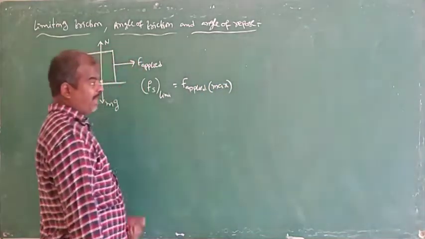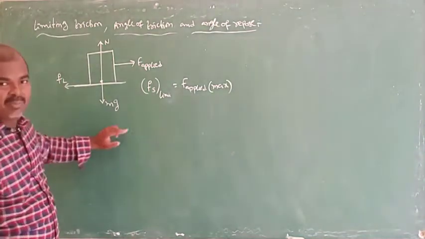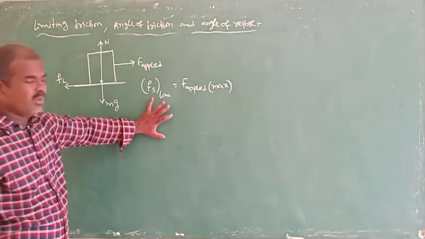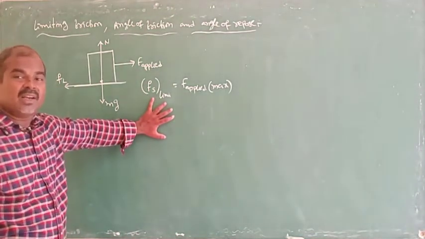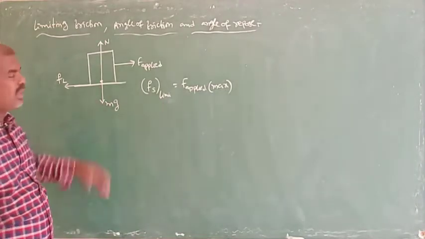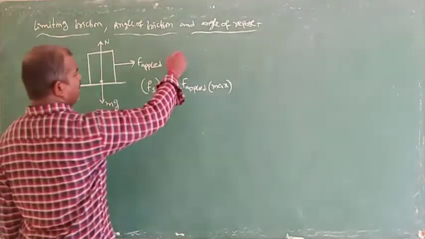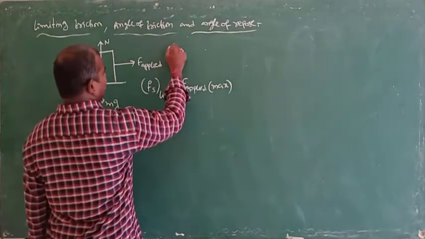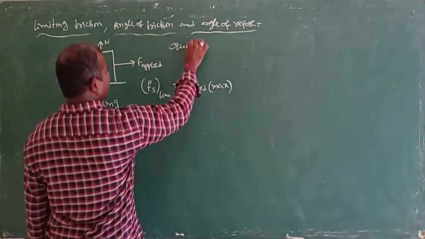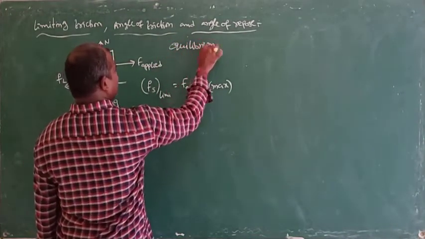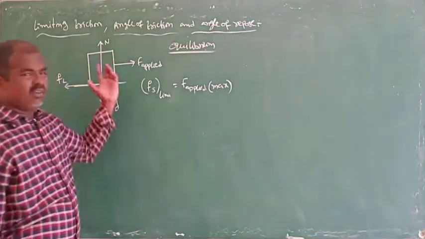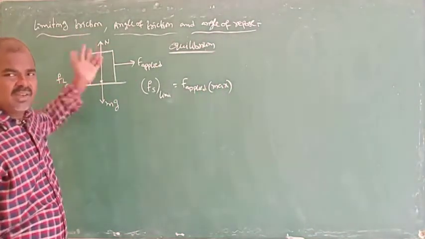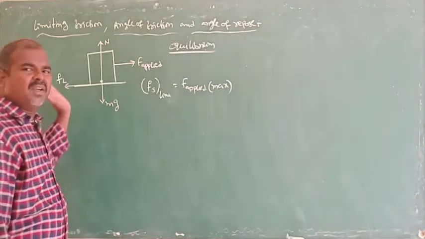F applied maximum is equal to limiting static frictional force. Here the object is in equilibrium condition. Equilibrium means the object is at rest, just ready to move.